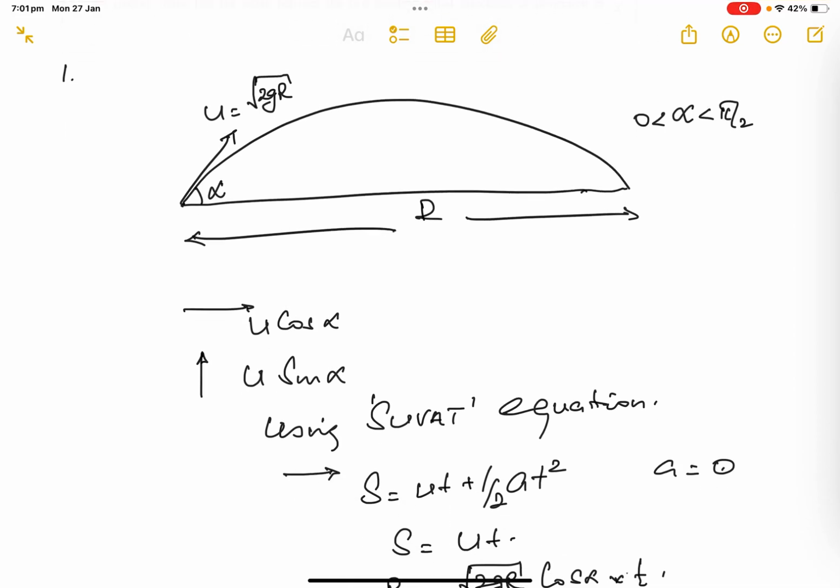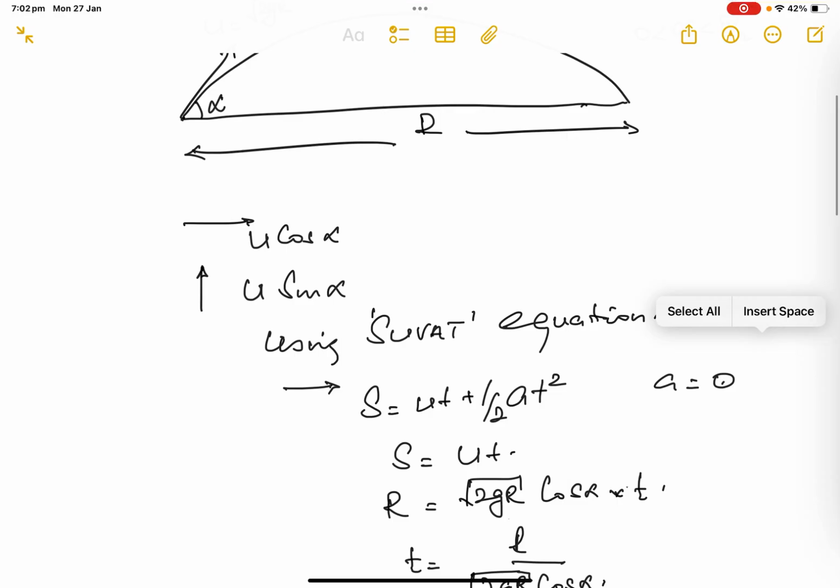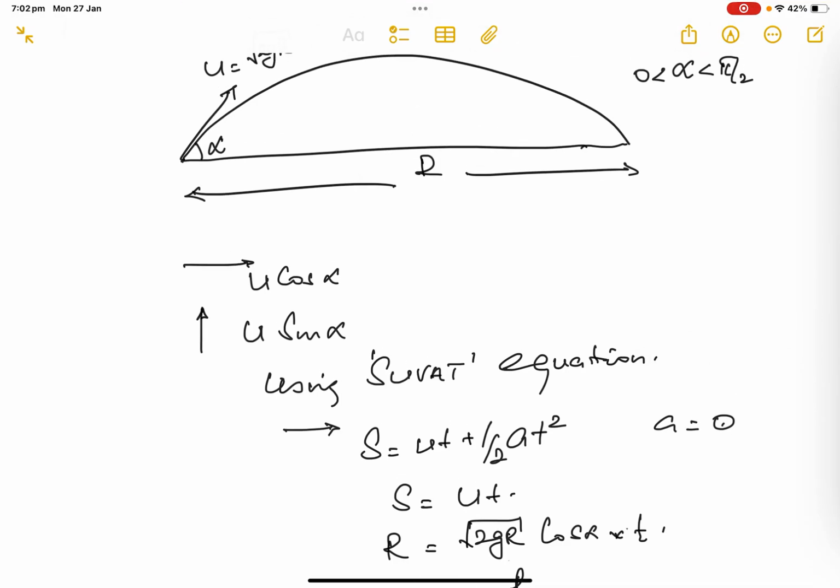Right. The initial velocity u is the square root of 2gR with an angle of alpha. That can be separated into a horizontal direction and a vertical direction, as it is a vector, of course. Horizontally, u cos alpha. Vertically upwards, u sine alpha.